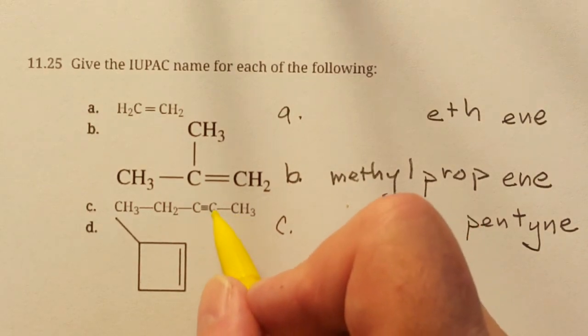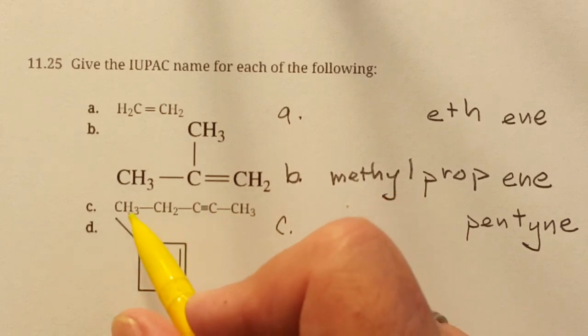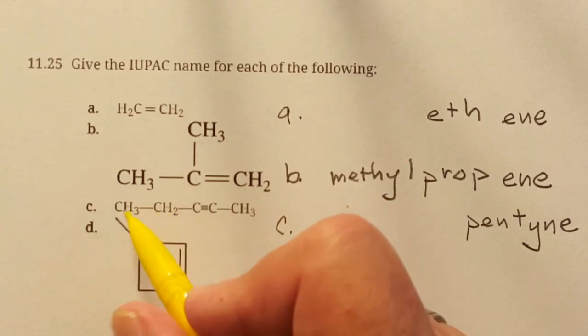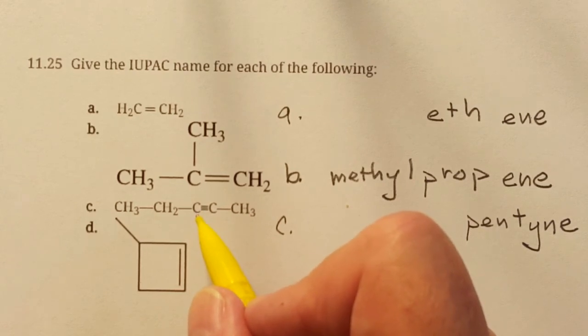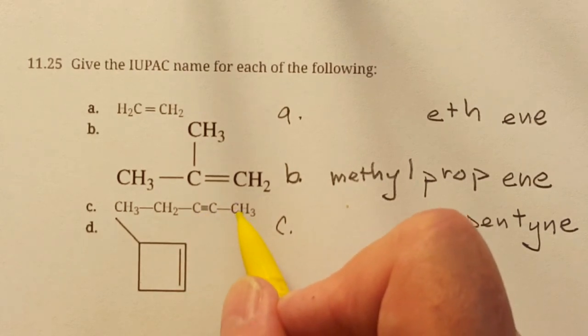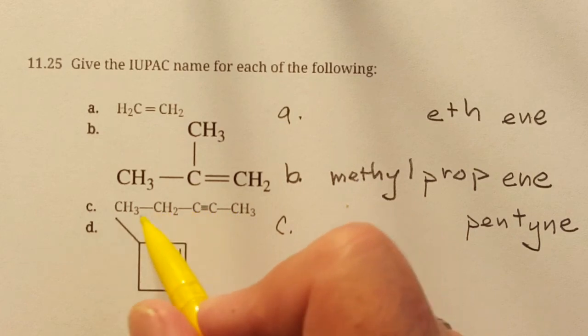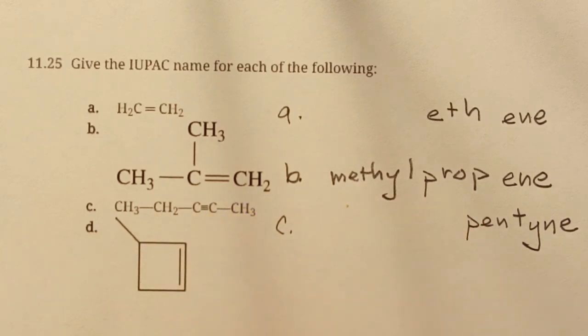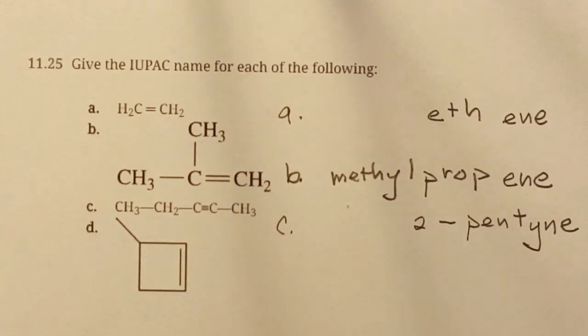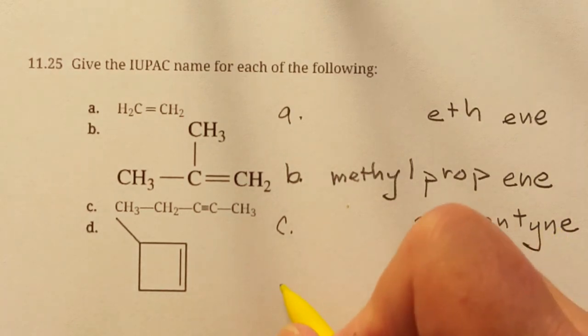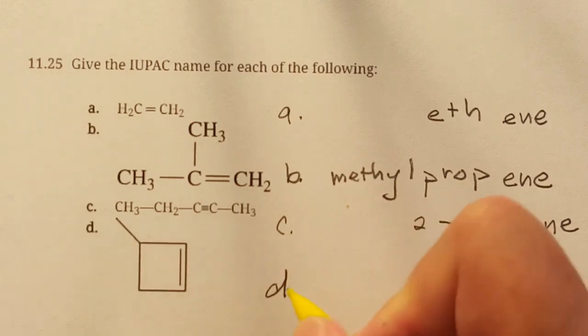It starts at carbon number 2, or maybe carbon number 3, moving in this direction. But we want to pick the lowest number, so the direction of counting is 1, 2, 3, 4, 5. This is carbon number 2, so this becomes 2. There are no other substituent groups, so this compound's name is 2-pentyne.